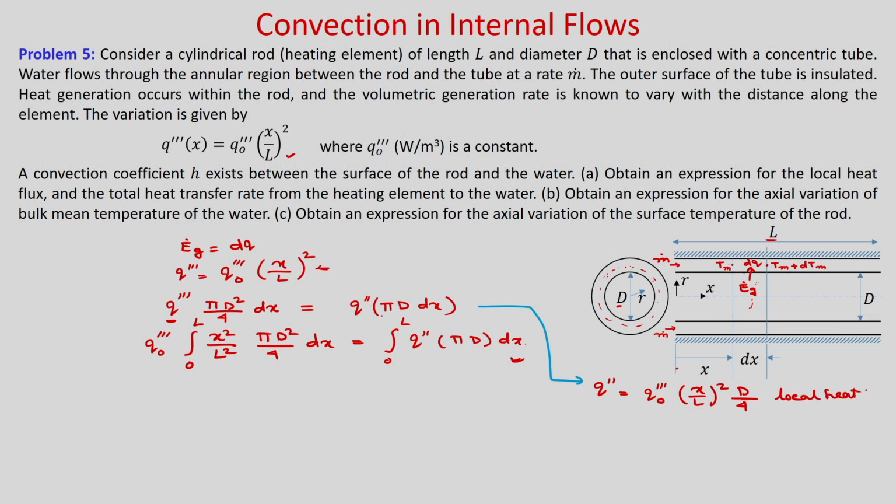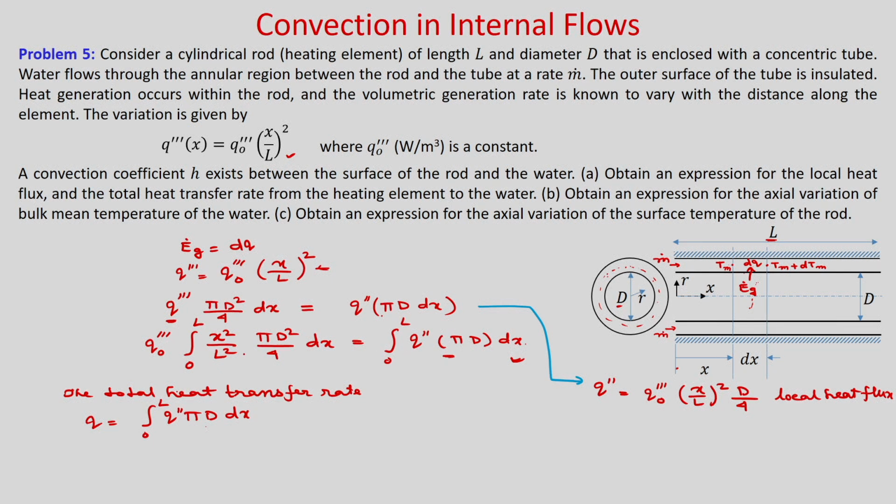Now if you calculate the total heat transfer rate, q will be just the integral of q double prime pi d into dx, from 0 to L. Q double prime is the local heat flux, and pi d into dx is the heat transfer area, and you need to integrate from 0 to L. You can see q double prime pi d dx is nothing but this right hand side.